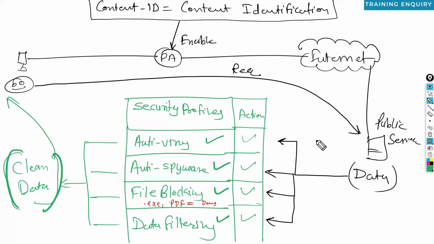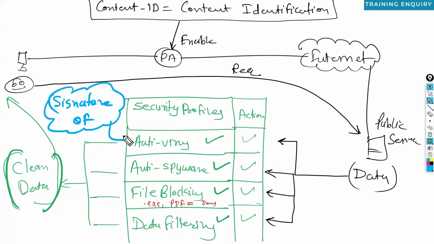Now the question is, okay, because attacks or viruses come in the market day by day, every day. So don't worry about it. Palo Alto Firewall will provide you signatures of antivirus and anti-spyware.